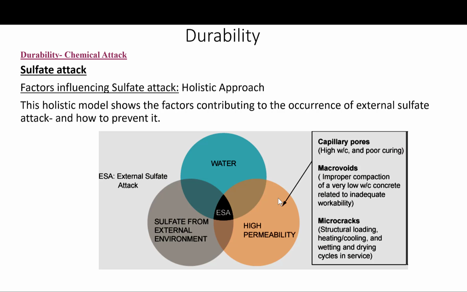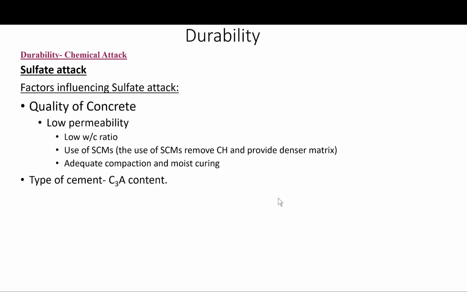So we can prevent the external sulfate attack by ensuring that the concrete we produce is of high quality. That means, as I mentioned in the previous slide, concrete has to be of low permeability, meaning we use some type of pozzolan, supplementary cementitious materials. We make sure of adequate compaction, moist curing, whatever we can to improve the quality of the concrete and prevent the formation of the compounds that will cause the damage.